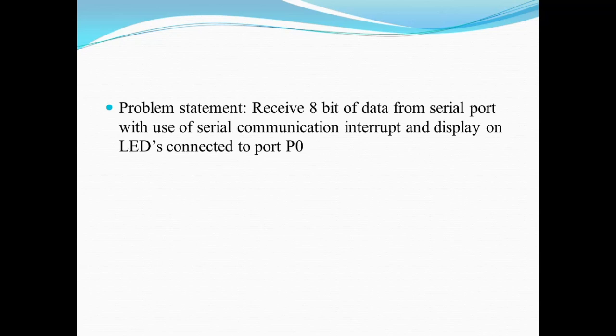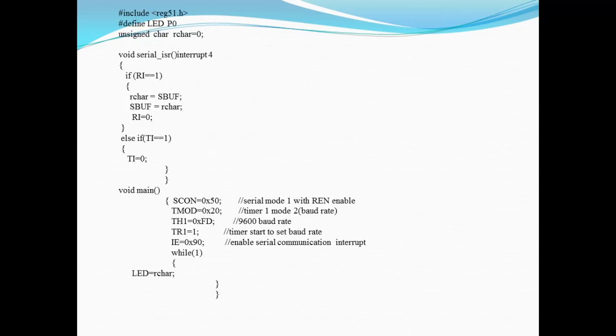The statement is that we have to receive 8 bits of data from the serial port with the use of a serial communication interrupt, and display it on the LEDs which are connected to port P0. So we give some data in the UART window, and that data will be received inside the microcontroller using the interrupt method, and will be seen on port P0.